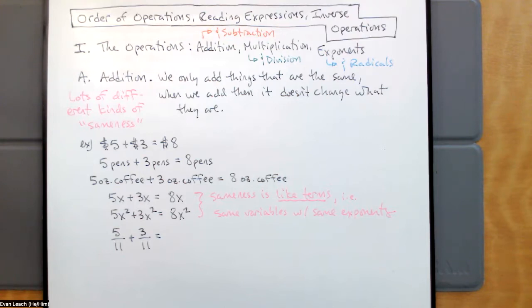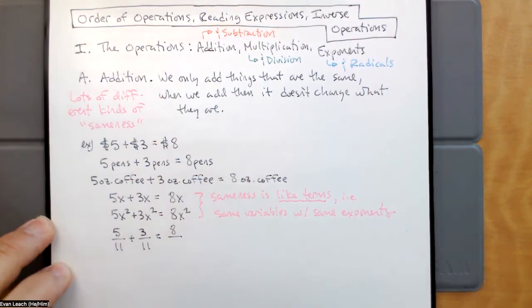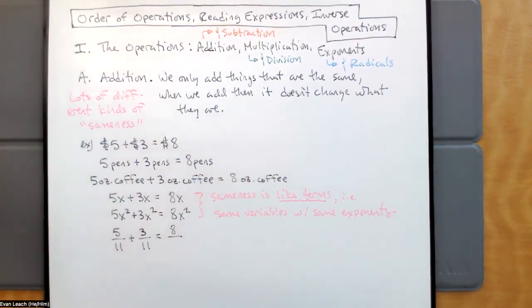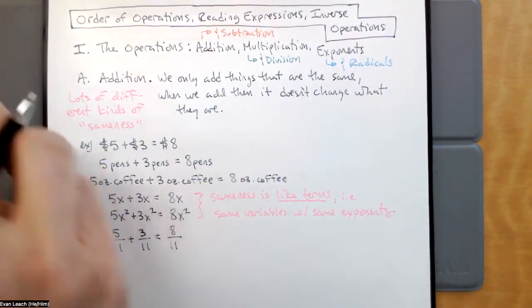So an over 11 is the same as another over 11. So I can add them because they're the same. And when I add them, 5 plus 3 is 8. I add the numerators because that's how many there are. We're enumerating how many there are of this kind of denomination. So when we add them, it doesn't change what they are. 8 11ths.